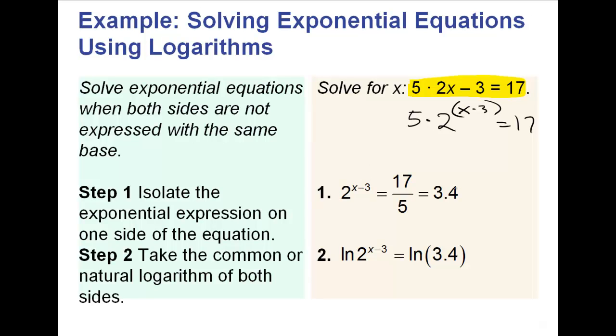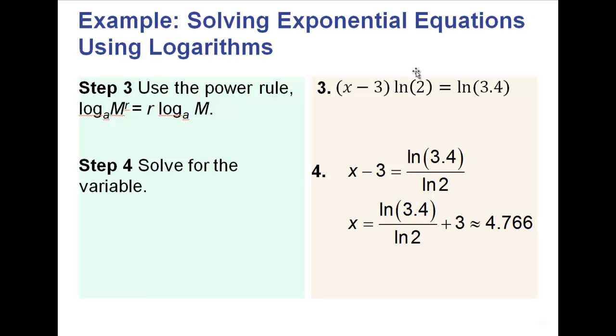Now take the natural log of both sides, and you don't even have to do this. I mean, this is fine because it is a terminating decimal, so this is a precise number. It's not a rounding. But if this was like 17/3, you wouldn't want to truncate it. You could just leave it as natural log of 17/3 and then go from there.